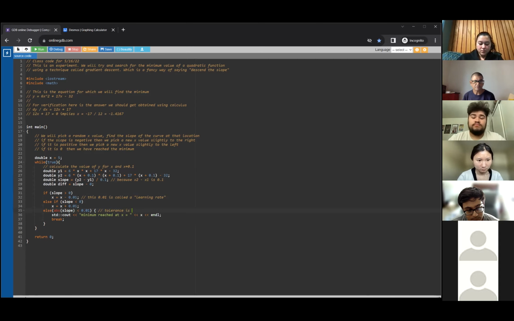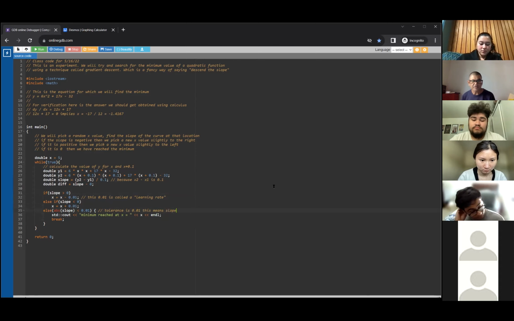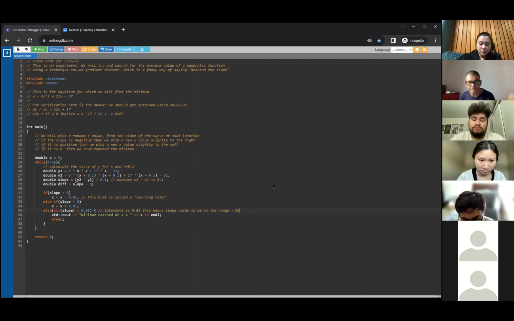Tolerance is 0.01, meaning that the slope can be anywhere between negative 0.01 and 0.01 for us to consider it to be 0. On the same line, you can say this means the slope needs to be in the range negative 0.01 to positive 0.01 to be considered the same as 0.